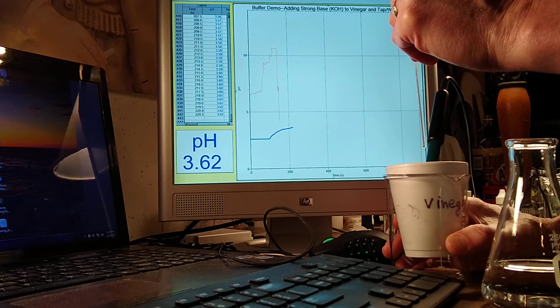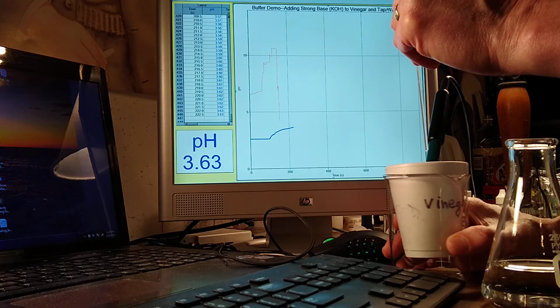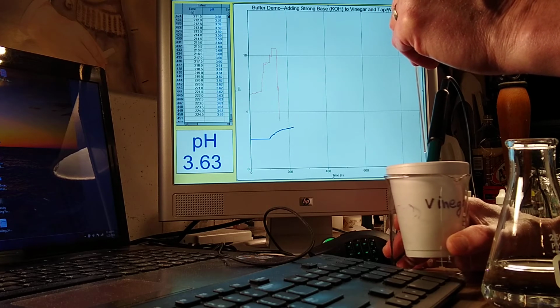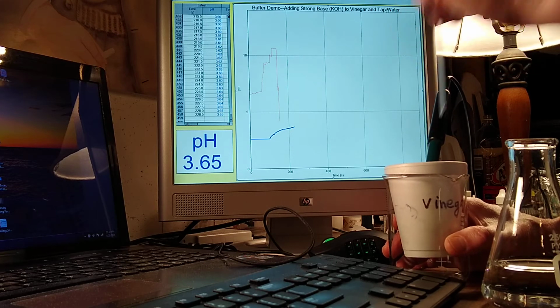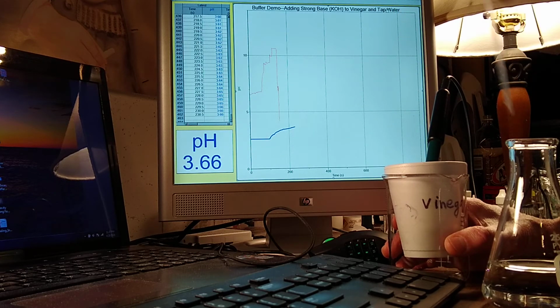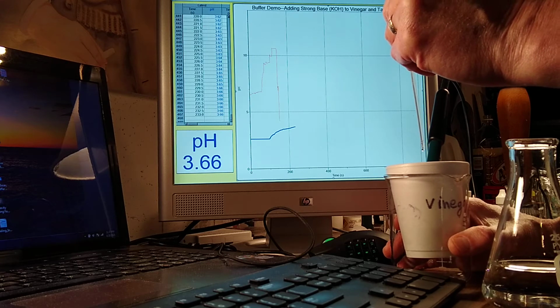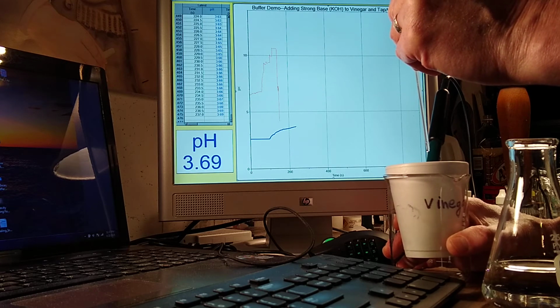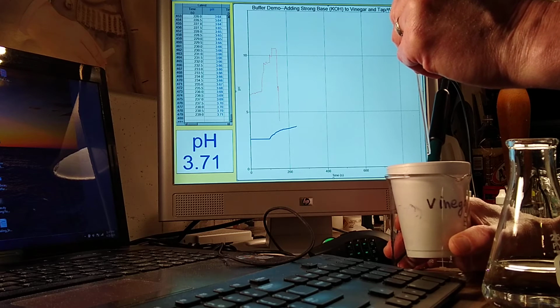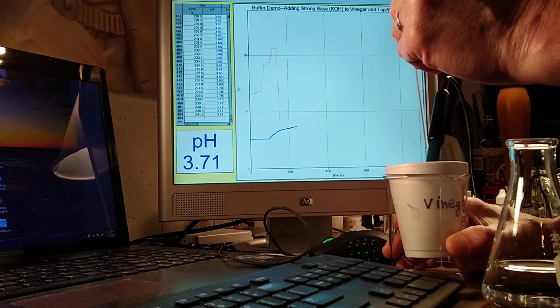I'm not worried about counting drops or detecting the exact equivalence point. What I'm hoping to show you here is two things. Why this is a buffer. We're in the buffer range right now. You can see I'm adding a lot of base.